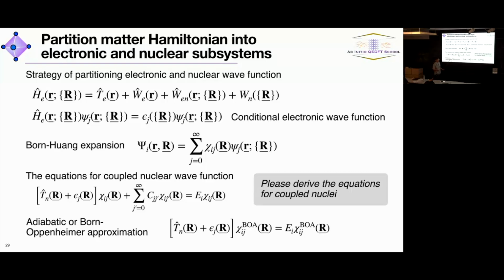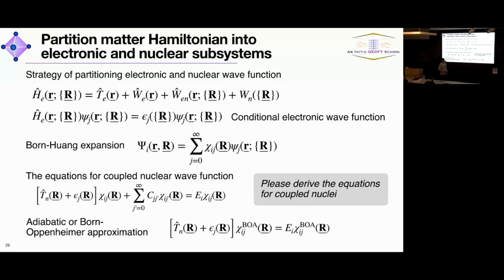The idea is that we get rid of the off-diagonal terms, because they usually include the nuclear mass in the denominator, and the nuclear mass is quite heavy. So that's why we get rid of the off-diagonal terms. What we are left with is the equation at the bottom, which means your nuclei are now sitting on the potential energy surface.